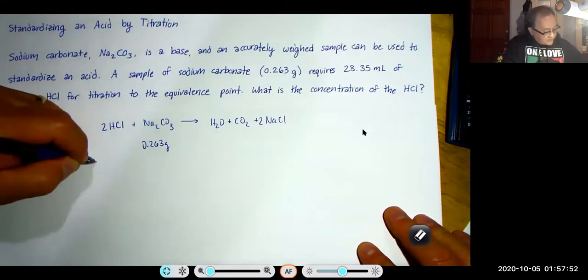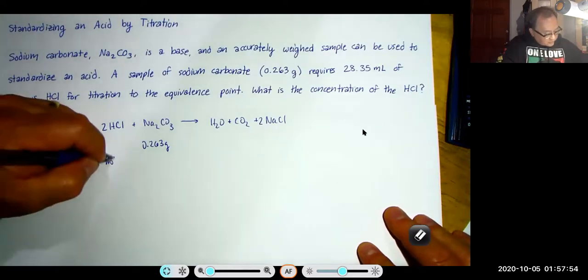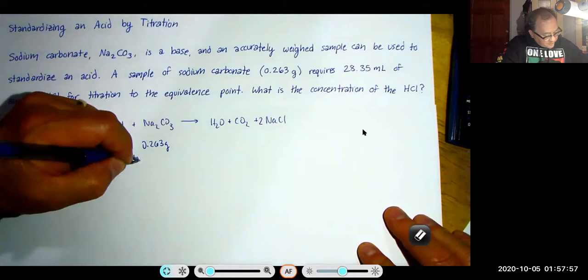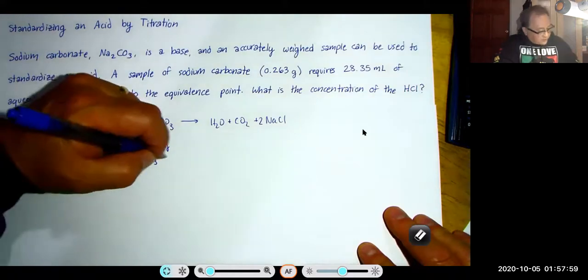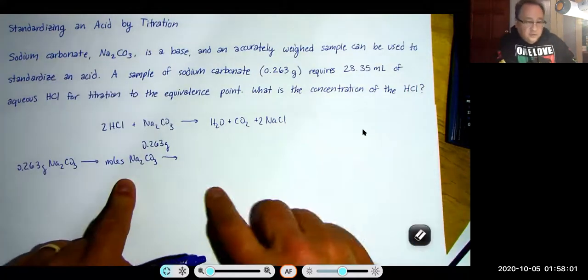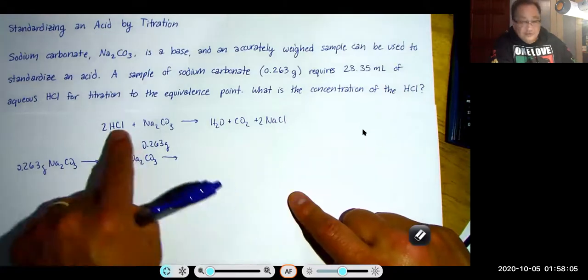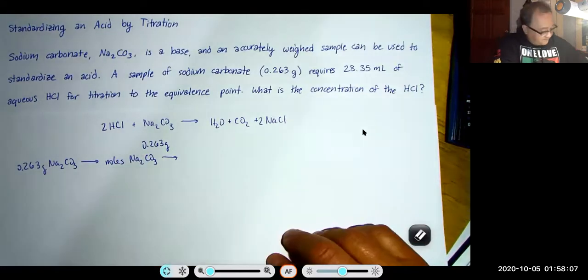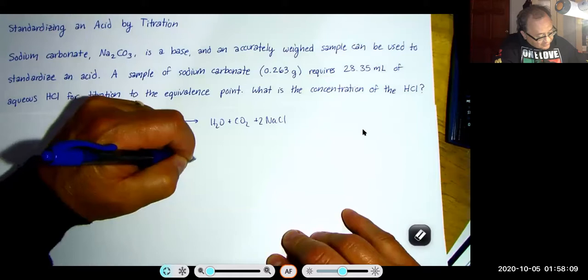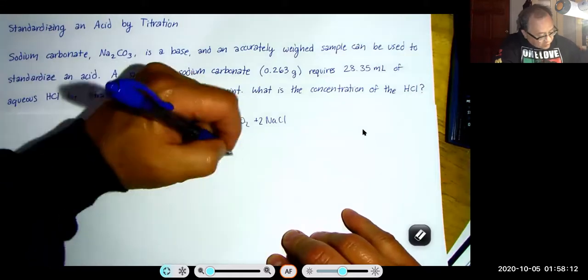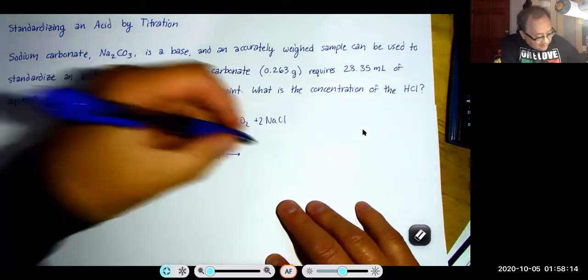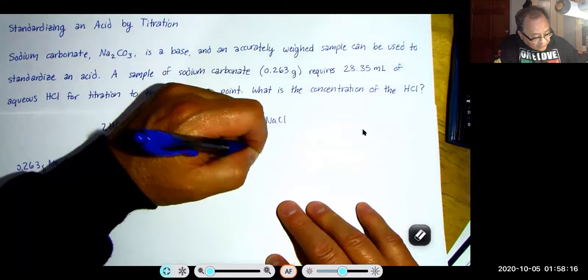We're going to convert that into moles of sodium carbonate. And we're pretty sure we want to do that because when we transfer information from the sodium carbonate to the HCl, we're going to have to do a mole-to-mole comparison. So we'll turn that into moles of HCl, which will then turn into liters of HCl solution.